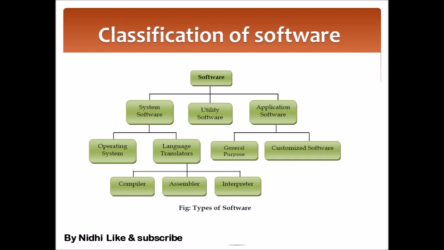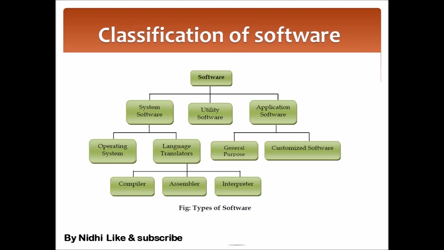System software is further categorized into operating system, language translators, and one more, programming languages. Application software is further categorized into general purpose, customized software, and one more part, specific purpose application software. And the language translator is further classified into three parts: compiler, assembler and interpreter.